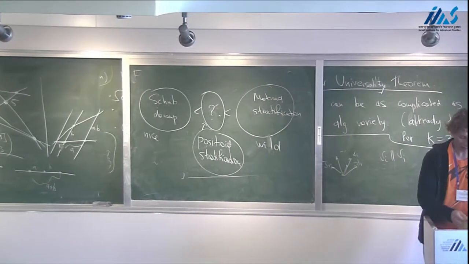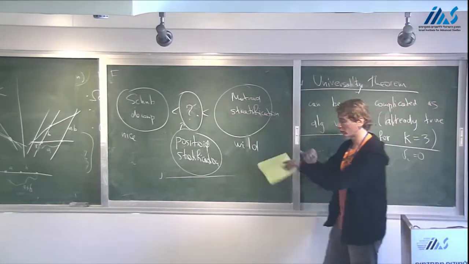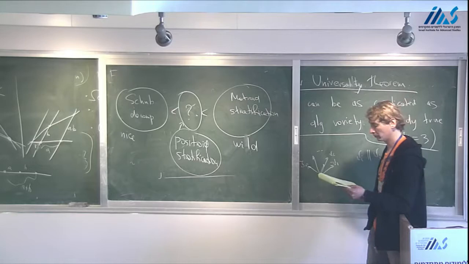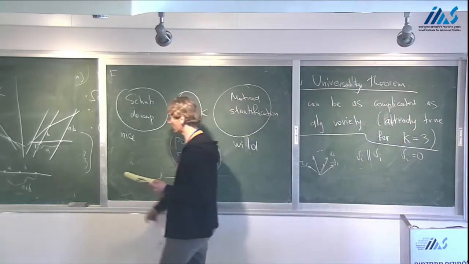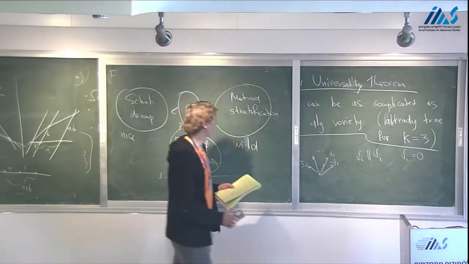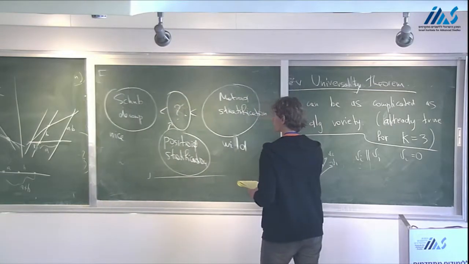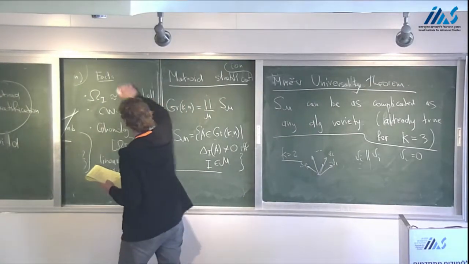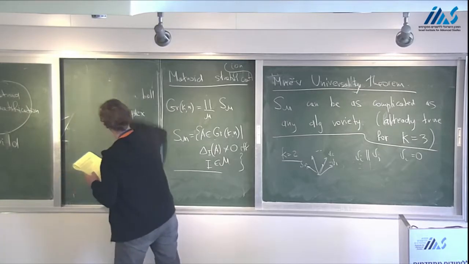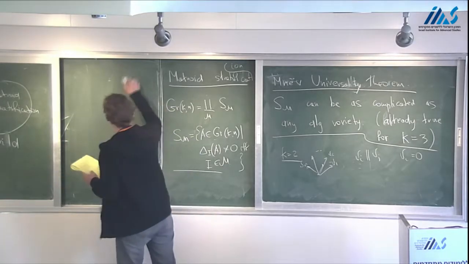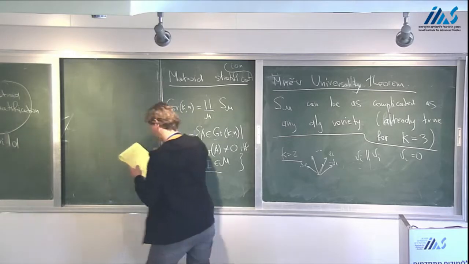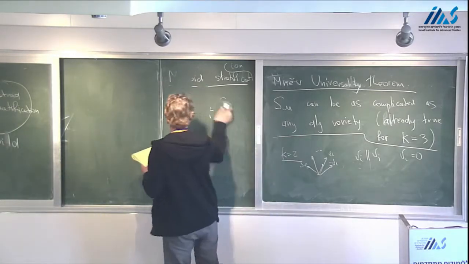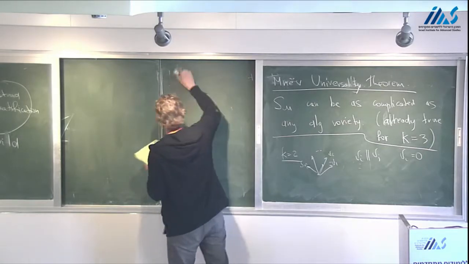So my goal for the rest of this lecture is to talk about these Positroid cells. This stratification is based on the notion of a totally positive matrix, that is, total positivity.